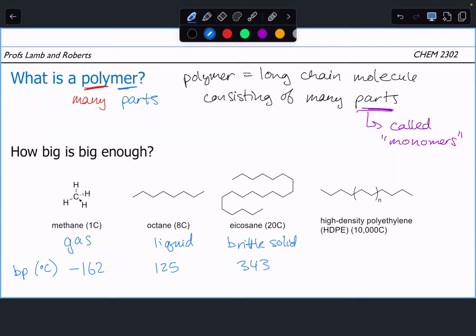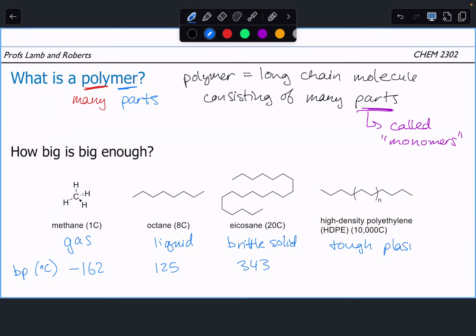And then you just keep making it longer and longer and longer. Eventually, you get to something called high density polyethylene, or HDPE. So this is just a linear long chain of CH2, CH2, CH2, CH2 over and over and over again. So for example, if we have 10,000 carbons in a row, that's going to be high density polyethylene. And instead of being a brittle solid that breaks really easily, this is now a tough plastic.